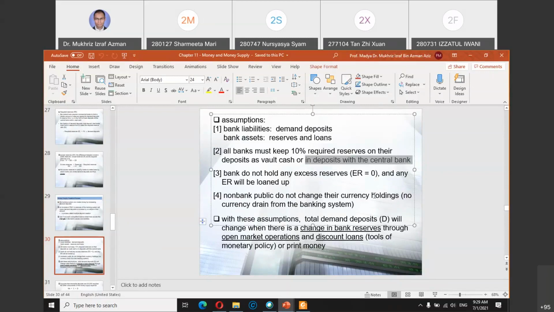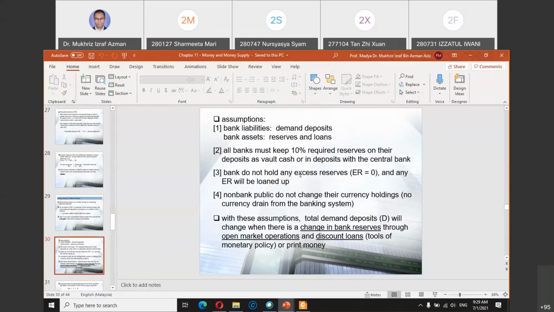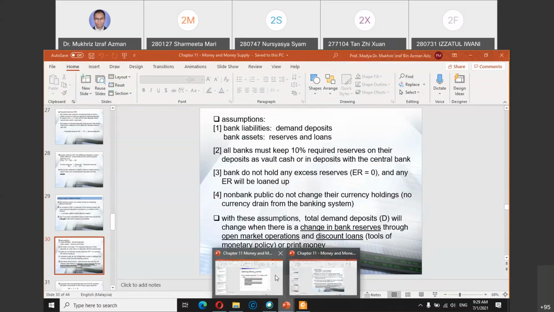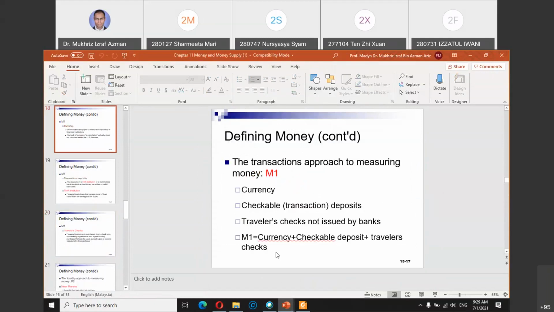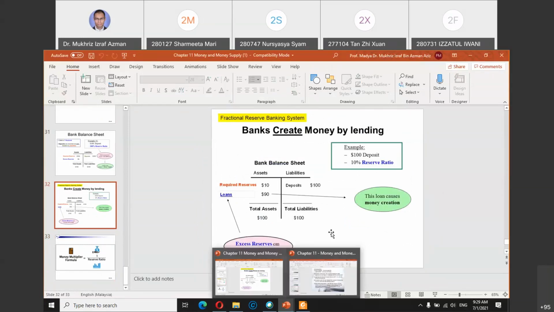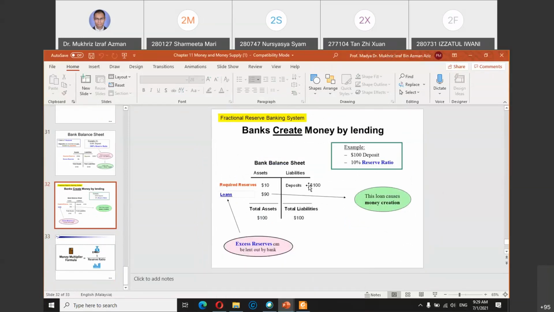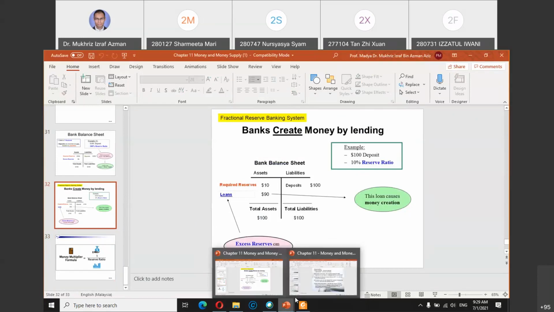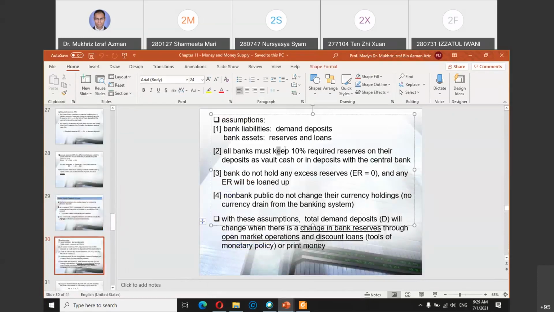So the bank does not hold any excess reserve. Any ER will be loaned out. ER means excess reserve. So if you recall from this slide just now, this is what it means. Once the bank gets money from the deposits, some portion of this 100 will go as required reserve. Let's say the bank must keep 10%.